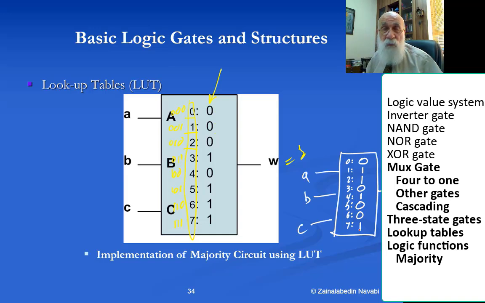Program a lookup table to function as a 3-input multiplexer or a 2-to-1 multiplexer, and so it becomes a component that you can use for anything you want, or program it to function as a 3-input AND gate or NAND gate.